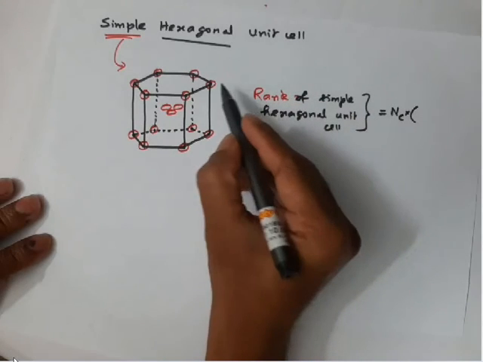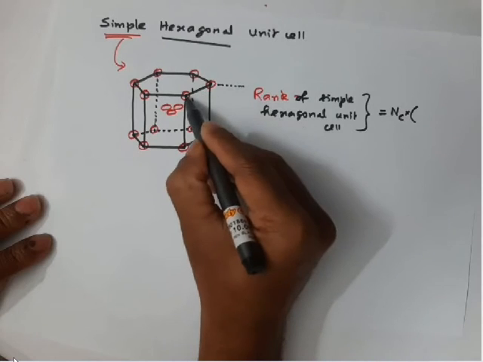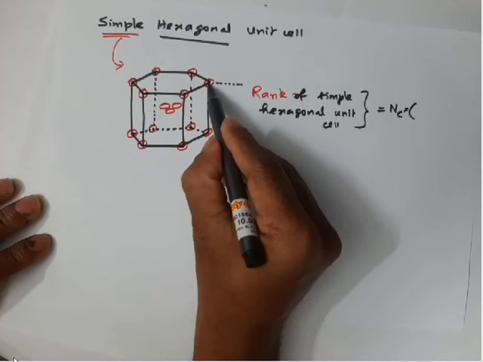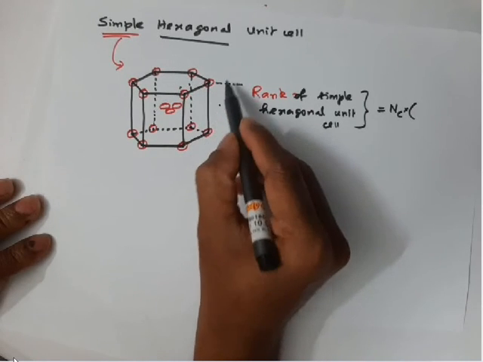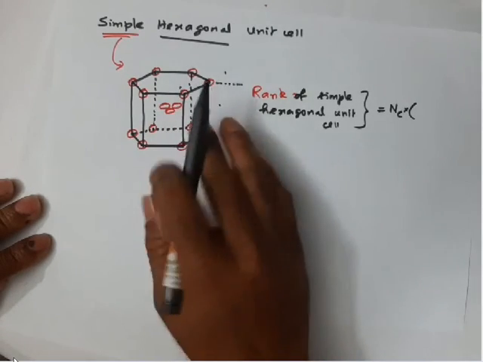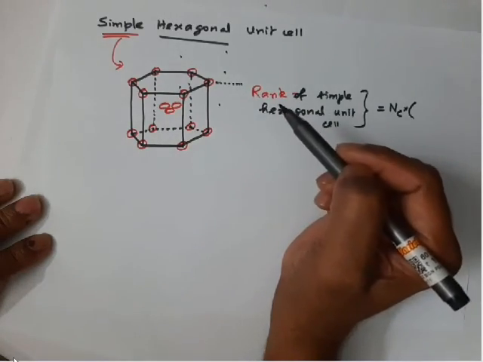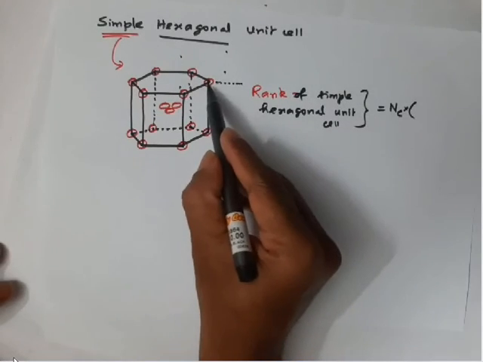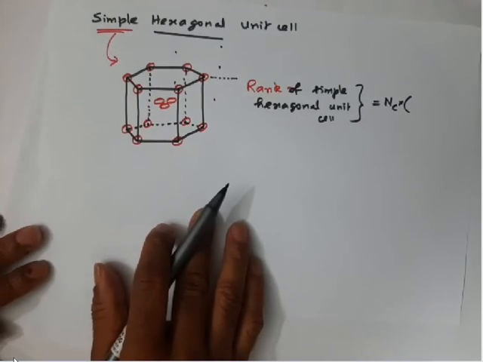Okay, let's try. I'll place one here. I have a hexagon here, another hexagon here. So this atom is shared by 3 unit cells in the bottom. Similarly, you have 3 unit cells in the top. If you arrange many unit cells together, each corner atom is actually shared by 6 unit cells in the case of a hexagonal unit cell.